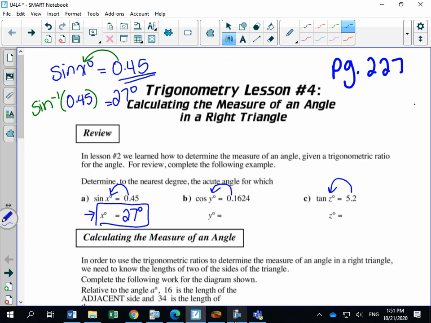Cade, what did you get for angle Y? 81 degrees is the right answer. Holly, what did you get for angle Z? 79 degrees is correct. Remember, with angles, you must always have the degree symbol.